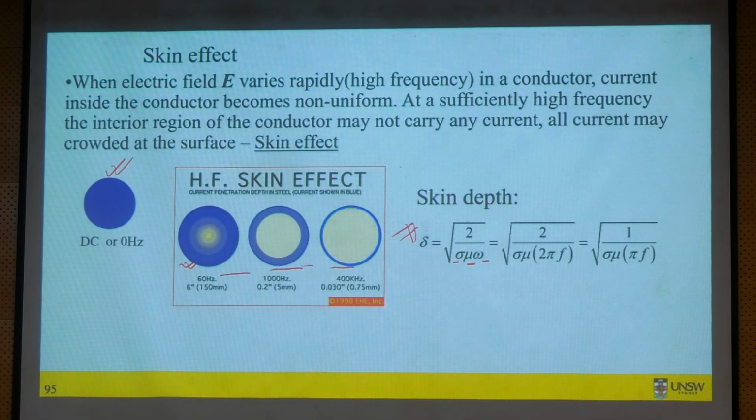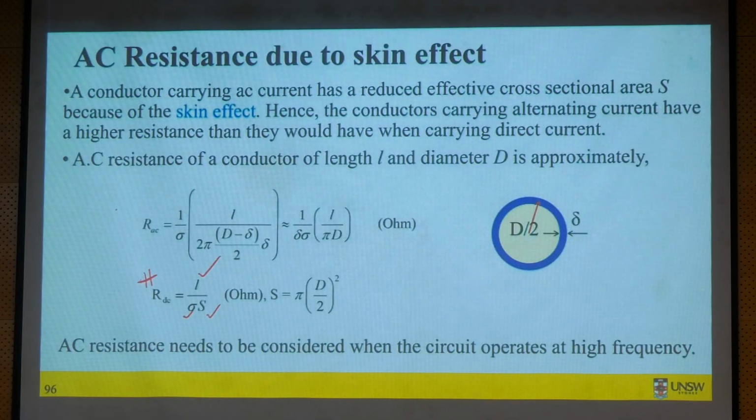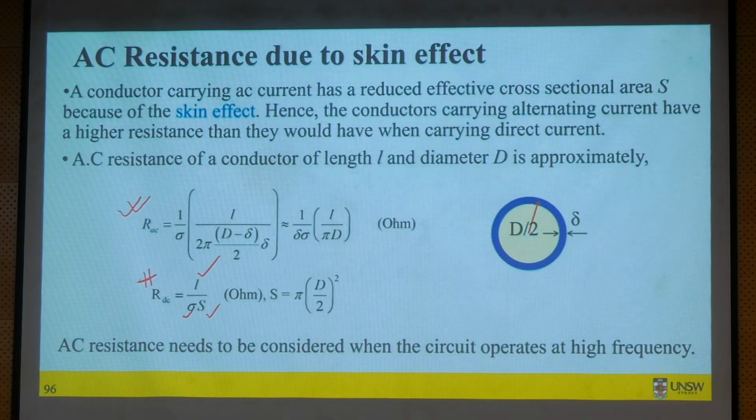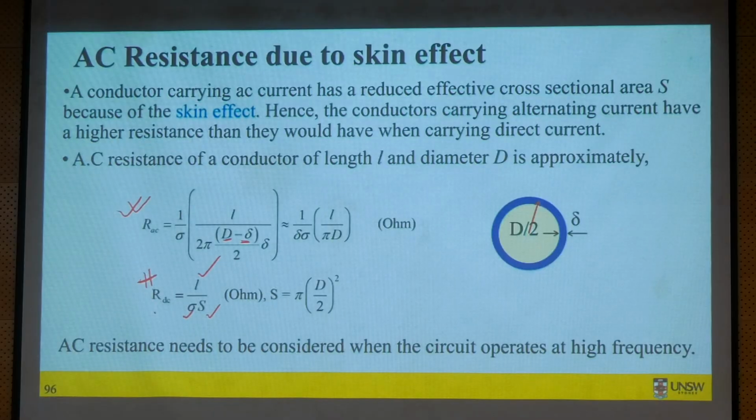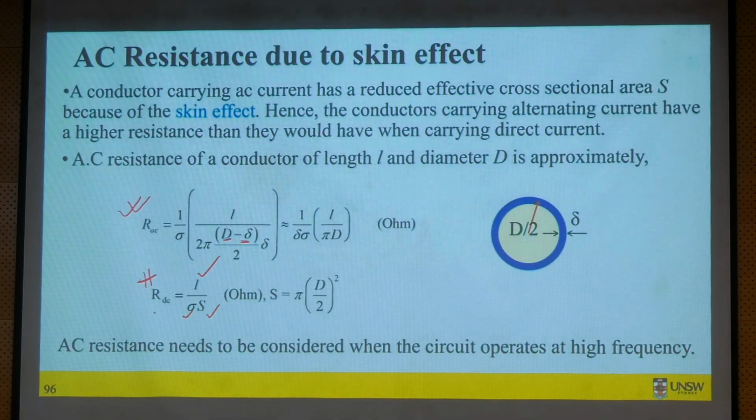If we know that skin depth, then you can calculate a resistance using the same formula, but now the diameter of the conductor is reduced by the skin depth, delta. Then using this you can estimate a resistance which is not the same as the DC resistance, and this resistance is known as AC resistance, and AC resistance could be important, especially if you are dealing with high frequency.